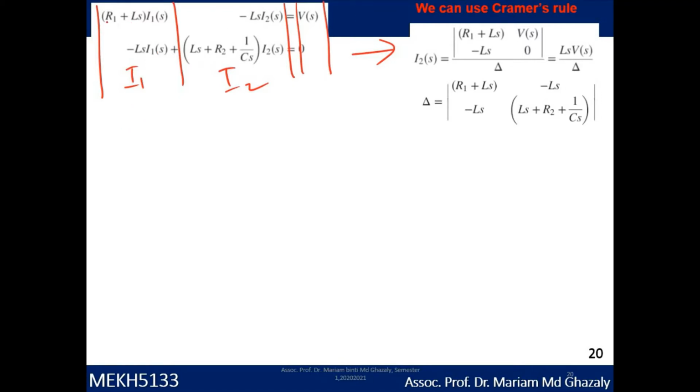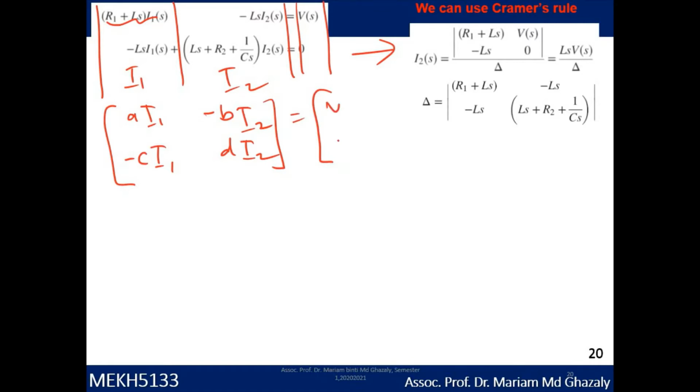Assuming I'm going to use only the values, you have (R1 plus Ls) as A, I1, then minus B, which is minus Ls, I2, then you have minus C, I1, then D, I2, equivalent to the output V and 0. To get the equation of I2, you have to find the determinant of I2 over D.